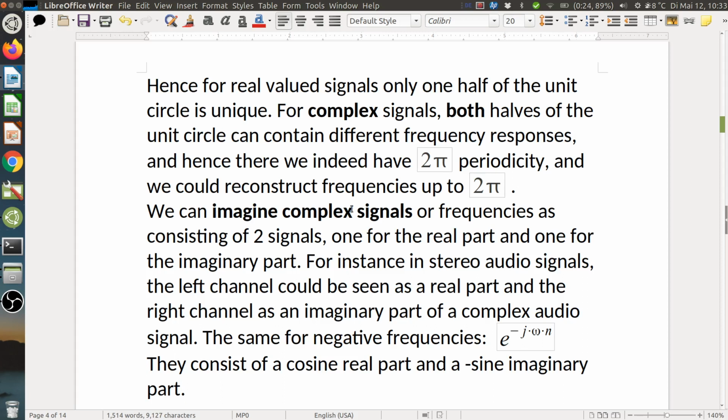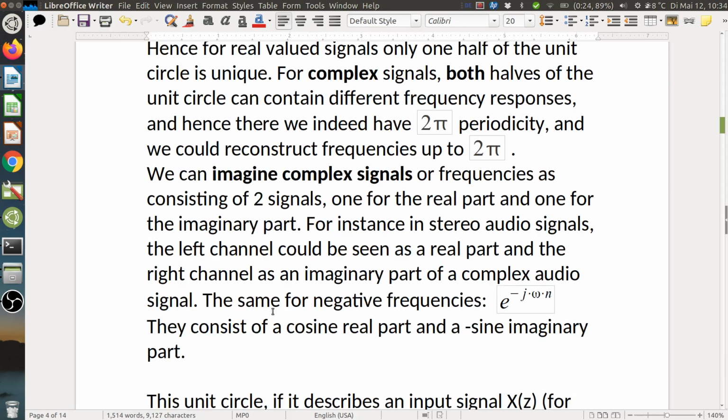We can imagine complex signals as consisting of two signals, one for the real part and one for the imaginary part. For instance, in stereo audio signals, the left channel could be seen as the real part and the right channel as the imaginary part of a complex audio signal. The same goes for negative frequencies.